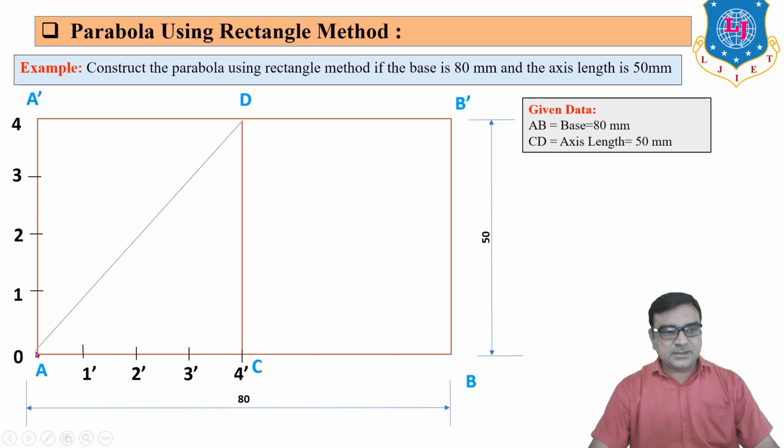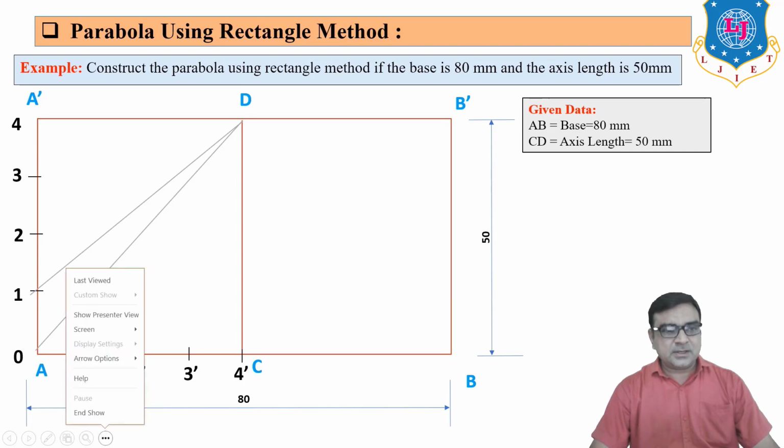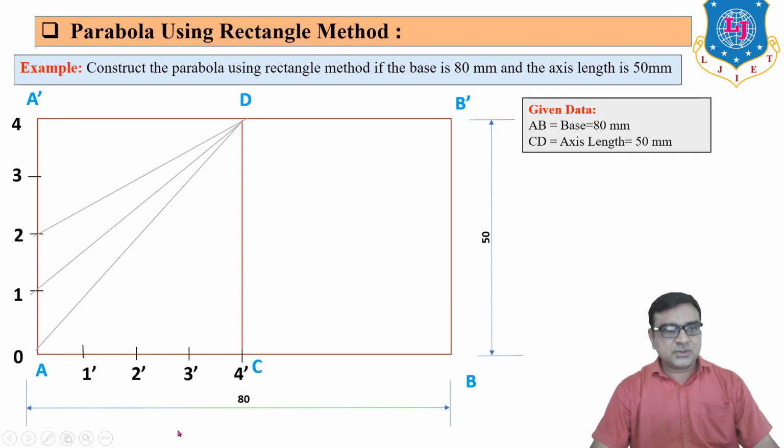Now join 0 to D, 1 to D, 2 to D, 3 to D, and also divide this line into 4 equal parts, and the other side of the vertical line is also divided into 4 equal parts.